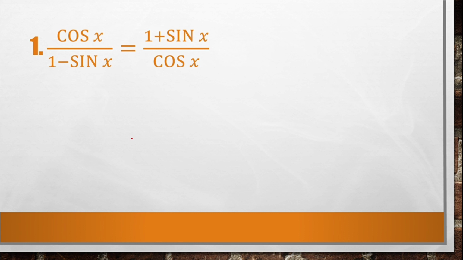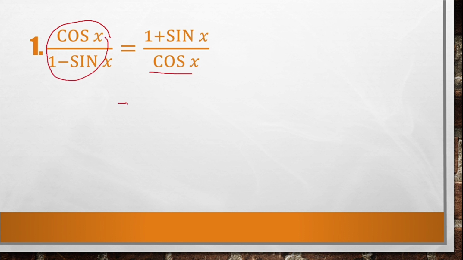Number 1: cos x over 1 minus sine x is equal to 1 plus sine x over cos x. This is hint number 6, that we need to multiply. We can multiply 1 plus sine x by its conjugate, 1 minus sine x. If we have to verify and our goal is this part, then we have to change the other part.